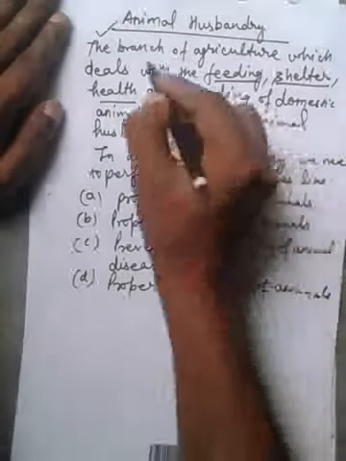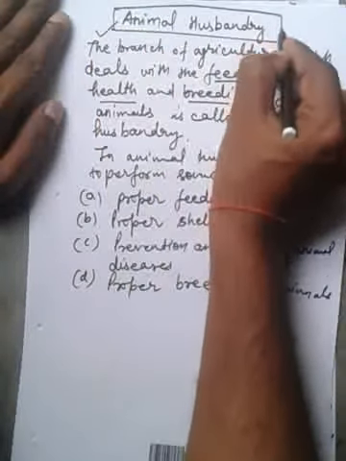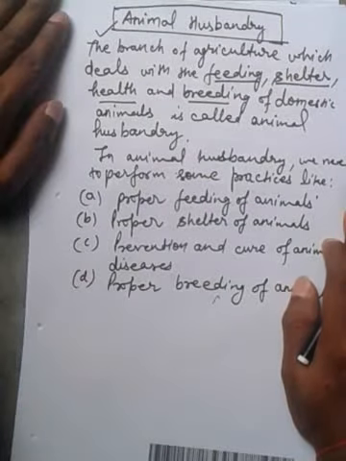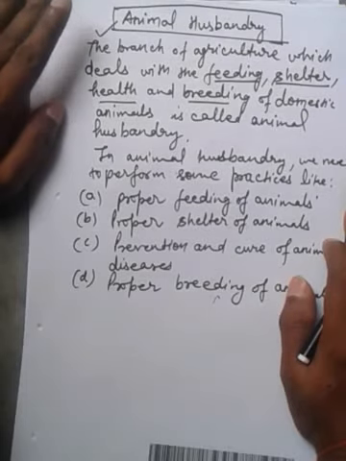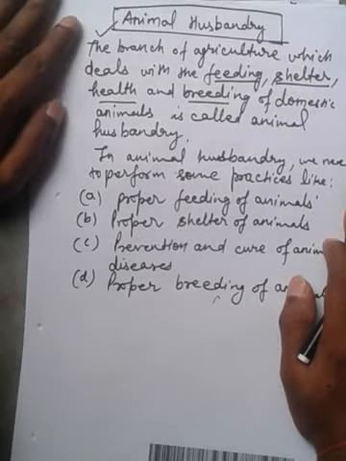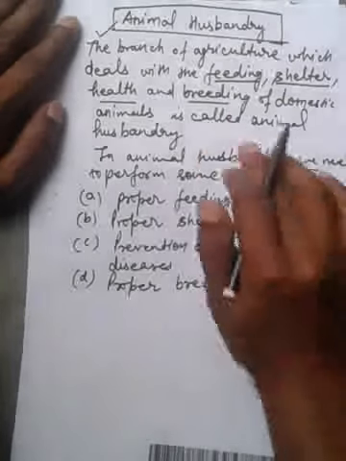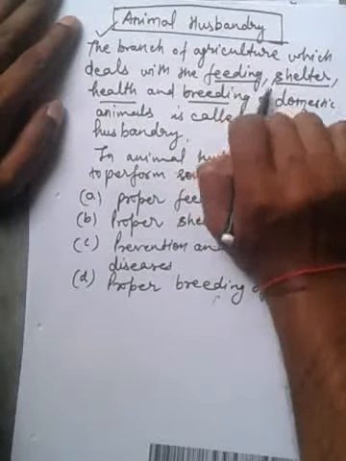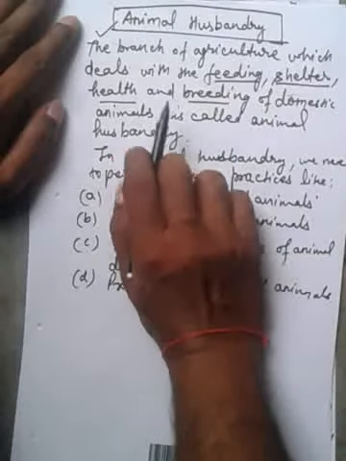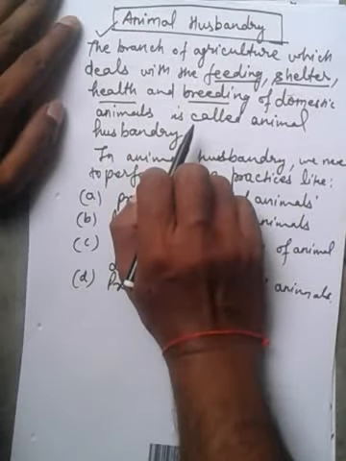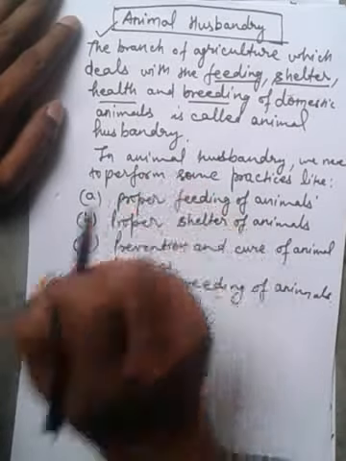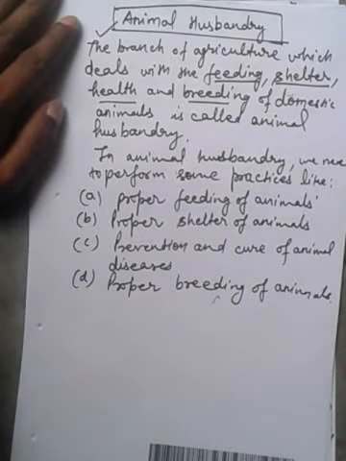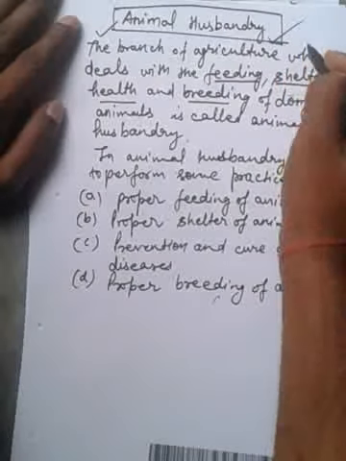So animal husbandry is also related to agriculture. It means in this branch of agriculture, we need to do feeding, sheltering, health and breeding of domestic animals, and we need to do some practices regarding animal husbandry.